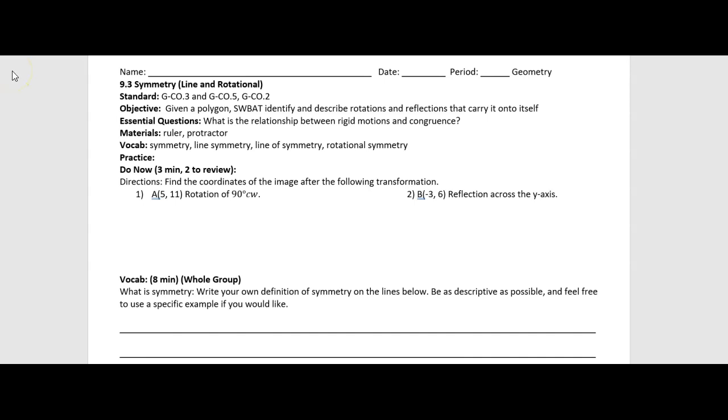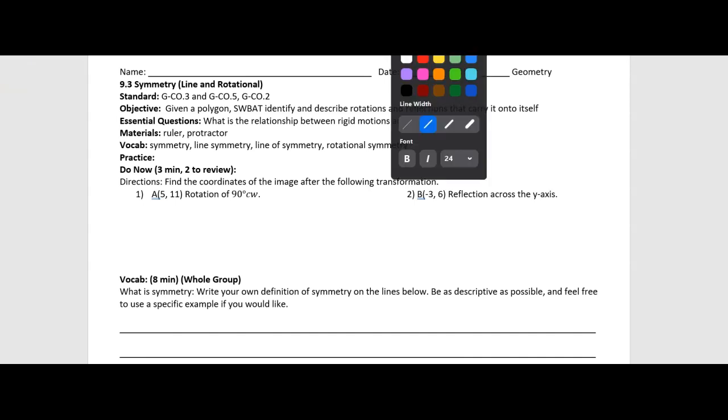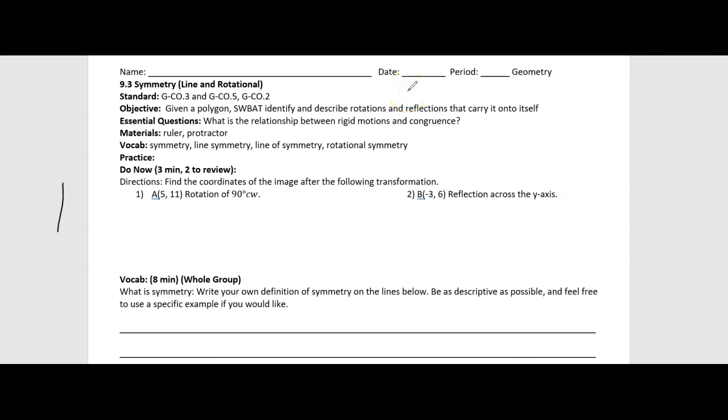Alright, so we're going to start with number one, the rotation. And it does certainly help to sketch a graph, at least for most of us, I think. The point A, (5, 11), would be somewhere in the first quadrant, right? Because both the coordinates are positive. So (5, 11) would be A. If we're rotating 90 degrees clockwise, that means we are coming down here to quadrant 4. So A prime is going to be here somewhere.